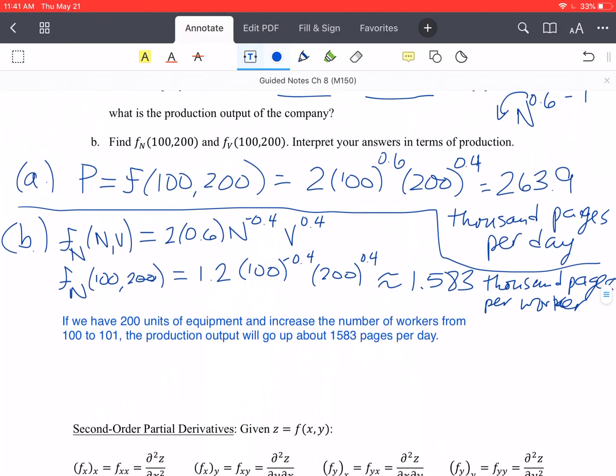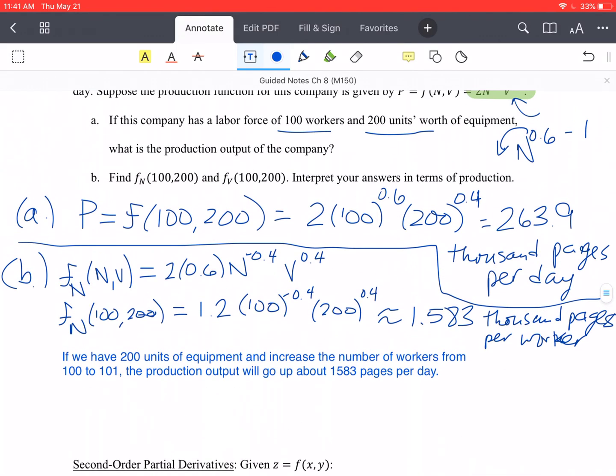So this gives us how much increased production we'll have by adding another worker above the 100 workers that we already have.